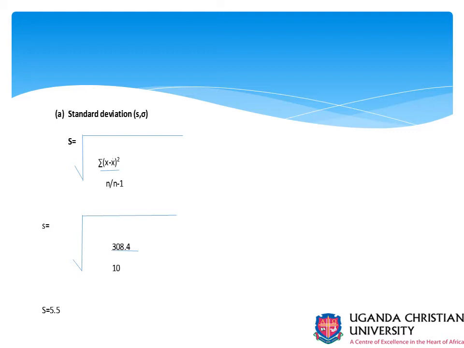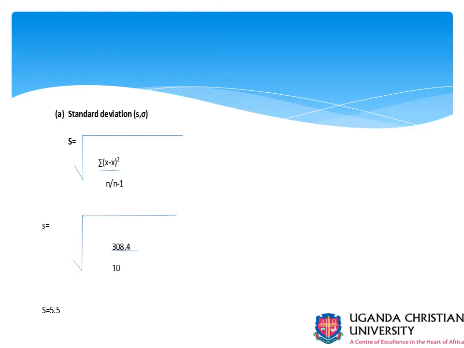I decided to divide by n, that's why you see 10. If I had decided to divide by n minus 1, I would have 9. But the answers are very close to each other, either way you choose to go about it. So the answer was 5.5.